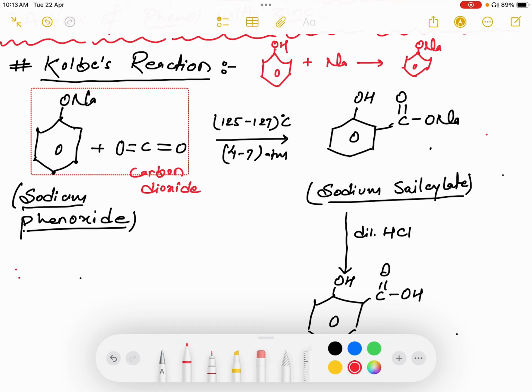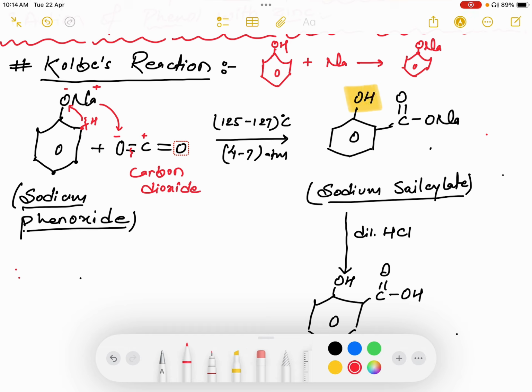In CO2, we have a C double bond O. If the bond breaks, the O will have a negative charge and the C will have a delta positive charge. In the ortho position, there is a hydrogen. This hydrogen will move, the sodium comes and attaches to this oxygen, and it changes back into the phenol group.